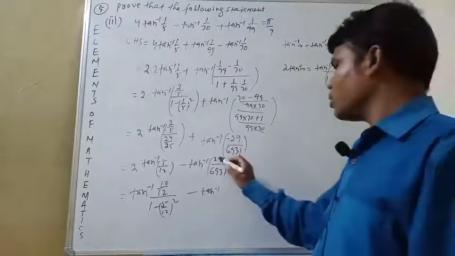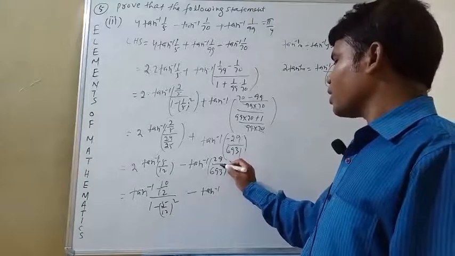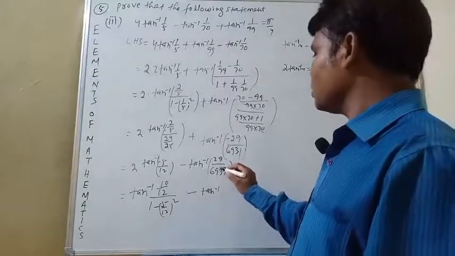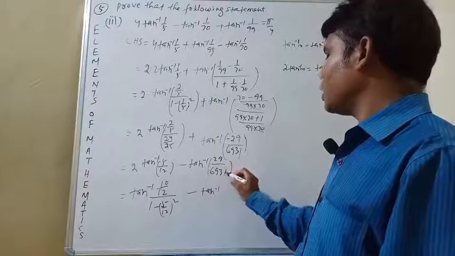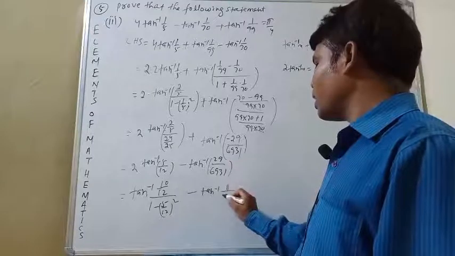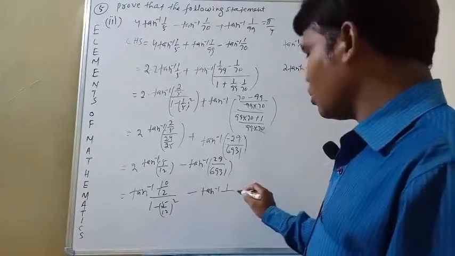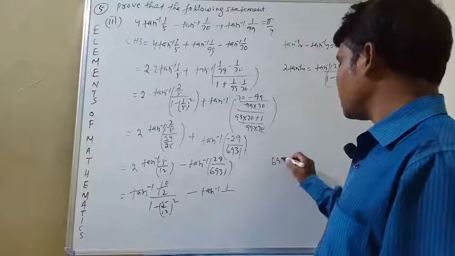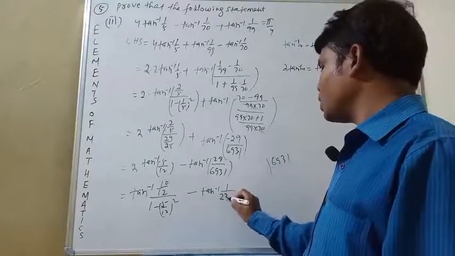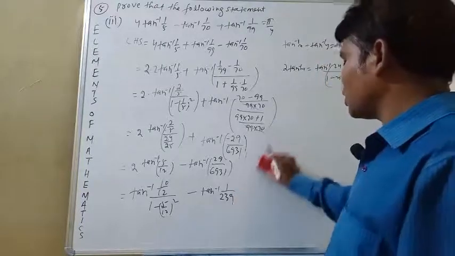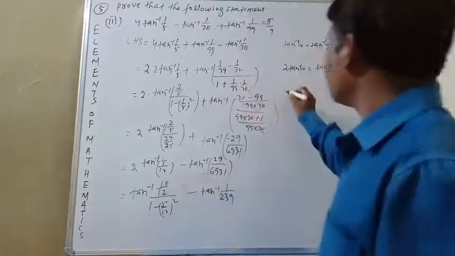If you divide 6931 by 29, you can get 1 by how much? That is 239. Okay, you can get 239.